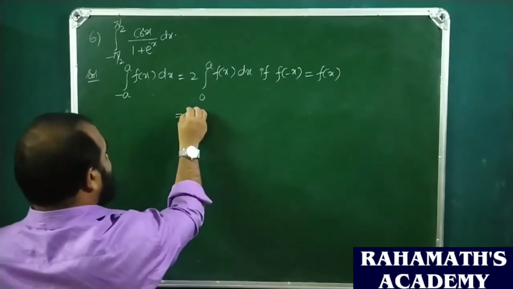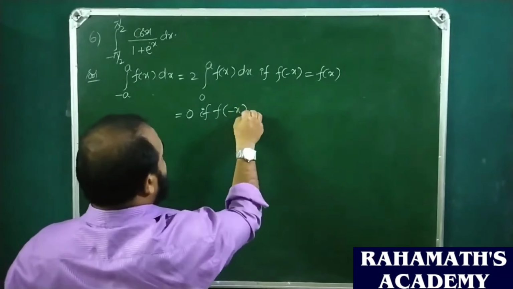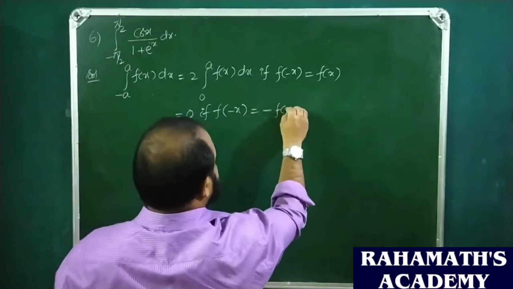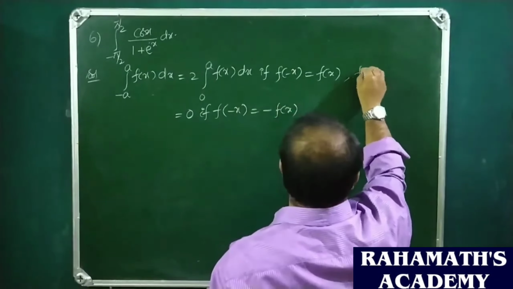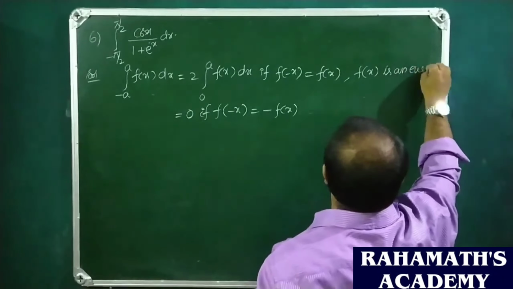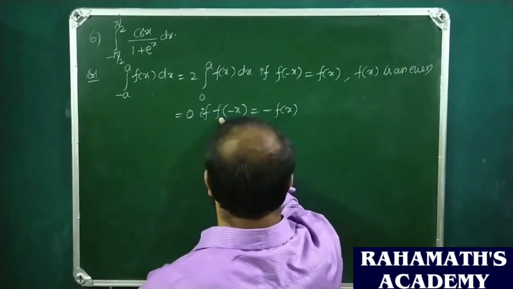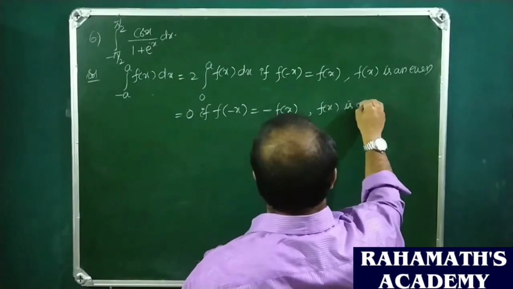The same value equals 0 if f of minus x equals minus f of x. F of minus x equals f of x means f of x is an even function, and if f of minus x equals minus f of x, it is an odd function.